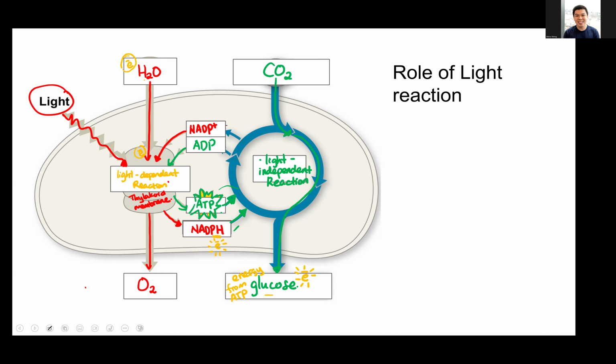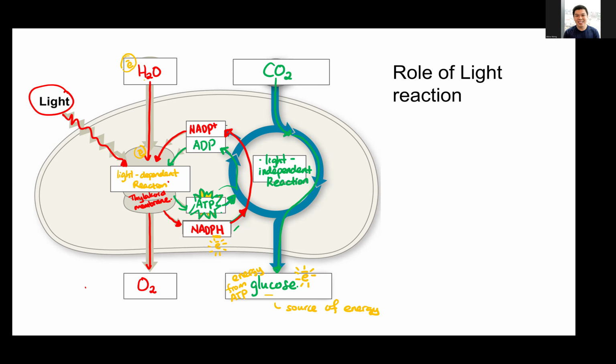That's why glucose is called the storage. Sorry, not storage, the source of energy, as ATP is reverted back into ADP, and NADPH is being reverted back to NADP plus.